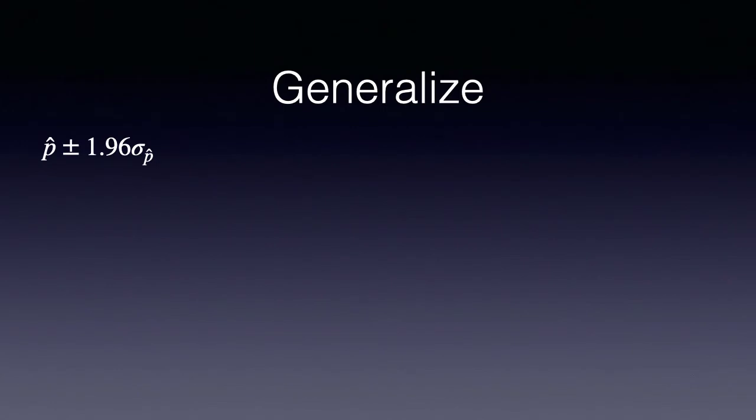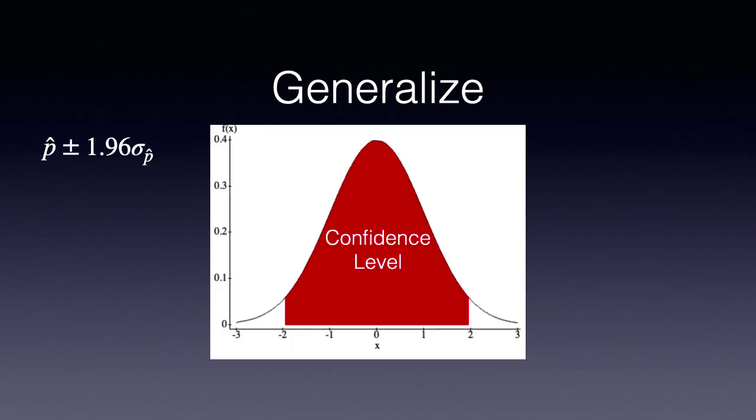To generalize this, we have our 1.96 for the 95% confidence. Let's recall that the red middle area is not going to represent the 95% proportion, but now it's going to be whatever level you decide to choose.